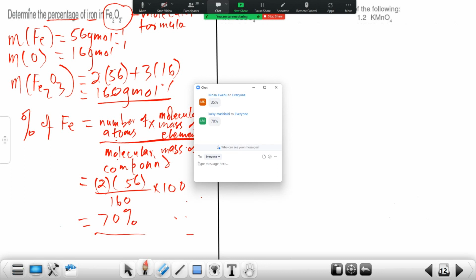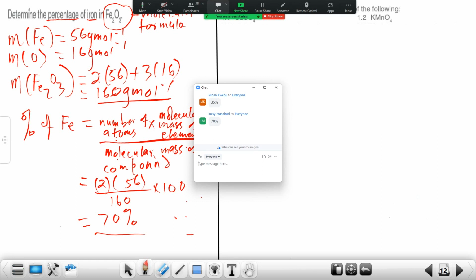I see here in the chat room, Musa says it's 35%, and then Mashinini says it's 70%. So Musa, if you got the 35%, it's because you did not consider the number of atoms. Once you have missed that part, automatically everything is going to be wrong.